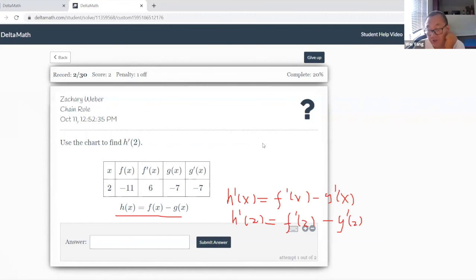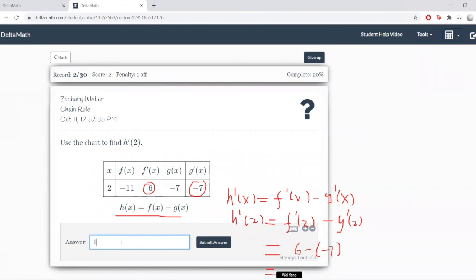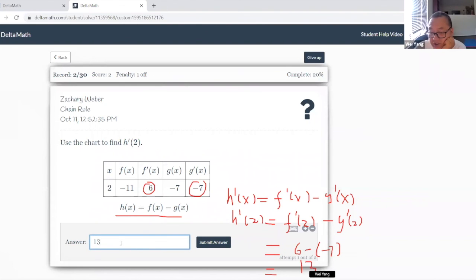So here, when x equals 2, they give you derivative of fx equals 6, right? So that means this term equals 6. Then you need to get the g derivative at 2, when x equals 2, this one equals -7. So that's minus -7. So what answer you got here? 13. Positive 13. Yeah, you're right.